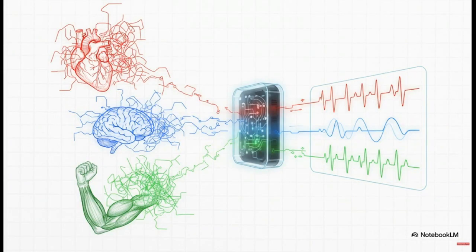If you look into the body, as I was telling you, you are getting signals from the heart, from the brain, and from the muscles. However, if you consider the heart signals, they are coming from the chest.